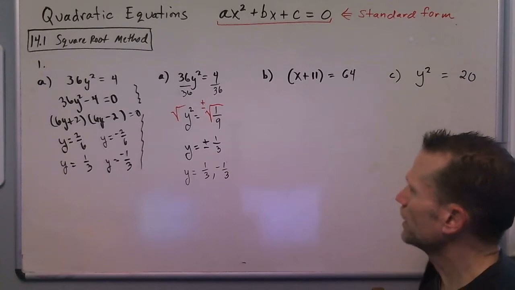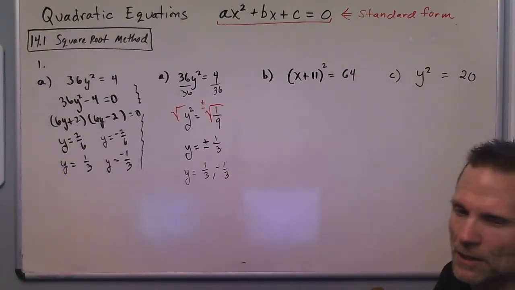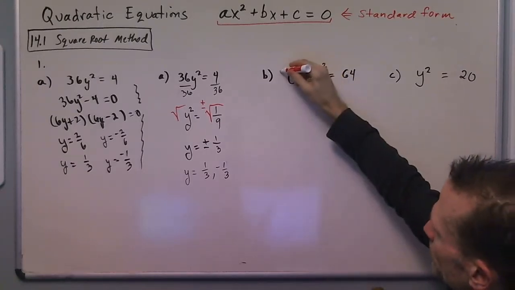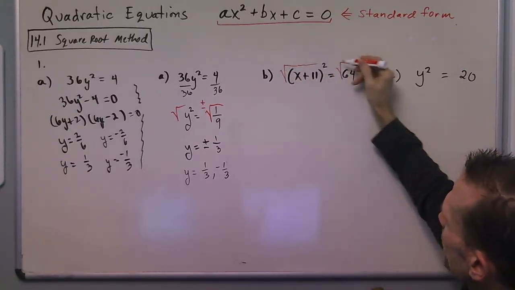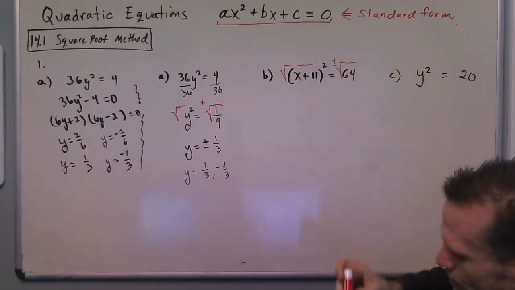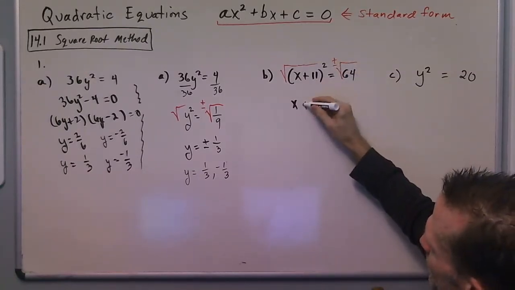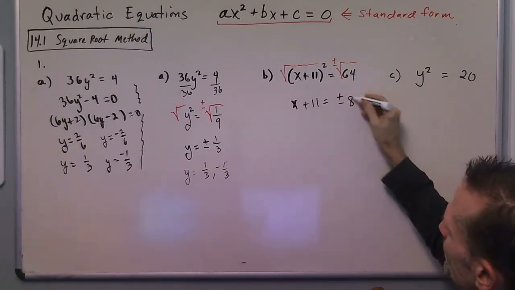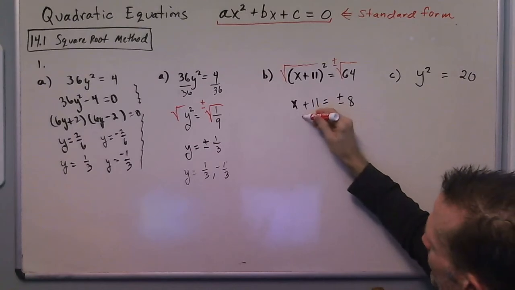So, taking a look at this one, the problem says x plus 11 quantity squared equals 64. What we can do is square root this, square root this, remember our plus or minus here. What we get is x plus 11 equals plus or minus 8. Then we can subtract 11 from both sides.